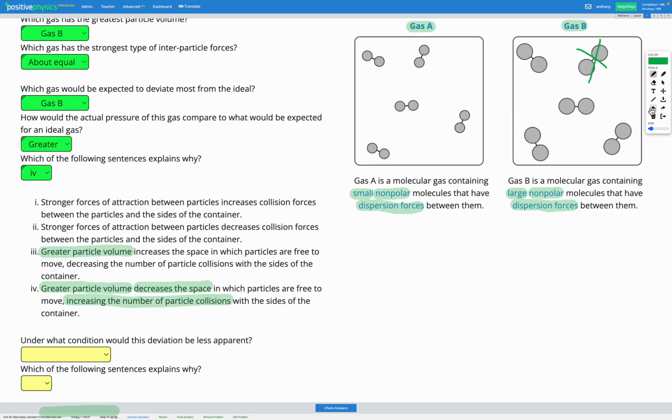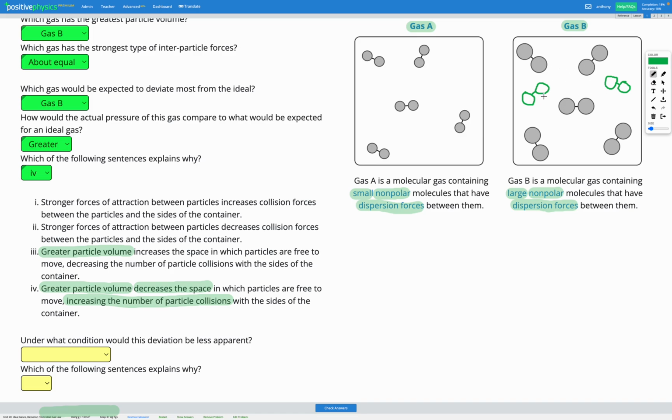On the other hand, let's imagine we added some more particles in. This would be like increasing the pressure. Now we have 7 molecules in here instead of 5. We've actually taken up more of that space.